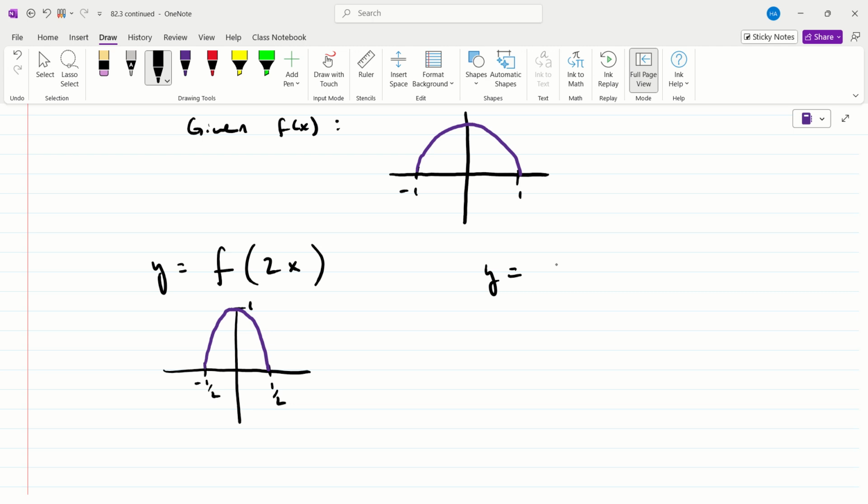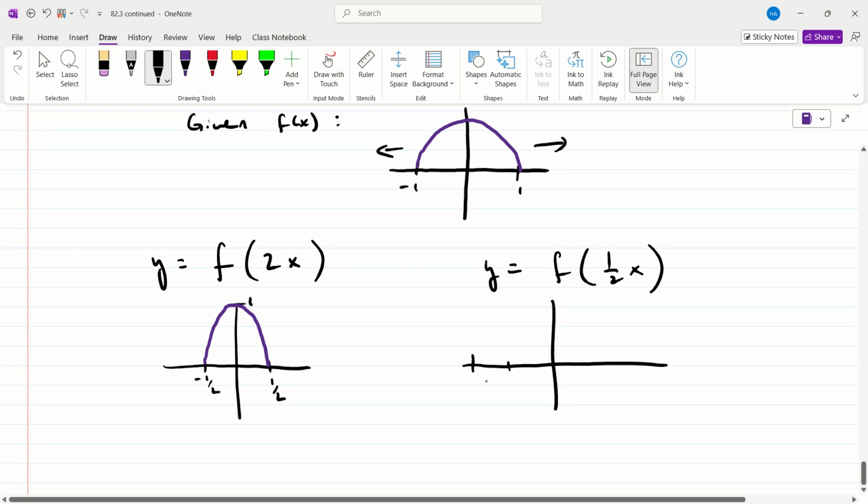If you were to do f of 1/2 x, this is going to take this graph and stretch it horizontally. So instead of starting at -1 and going all the way to 1, you're going to start at -2 and go all the way to 2.